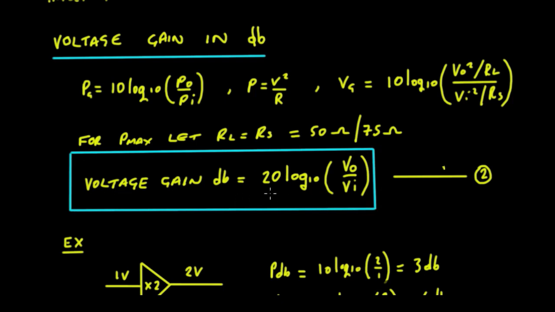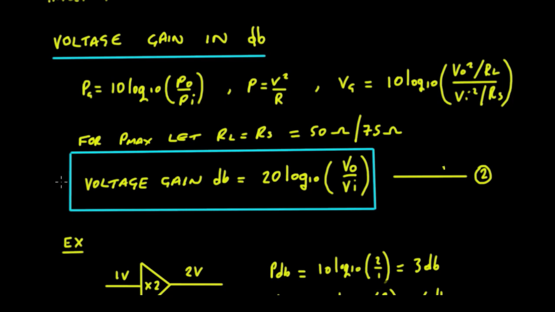So the voltage gain in dBs is going to be twice as much as the power gain in dBs. A gain of times 2 in terms of a power ratio would be 3 dBs, but a gain of times 2 in terms of a voltage ratio would be 6 dBs.